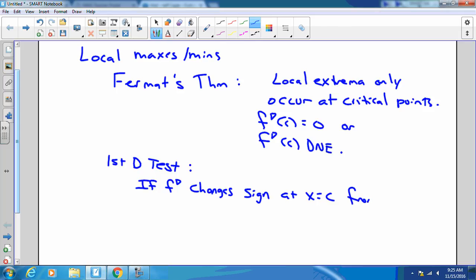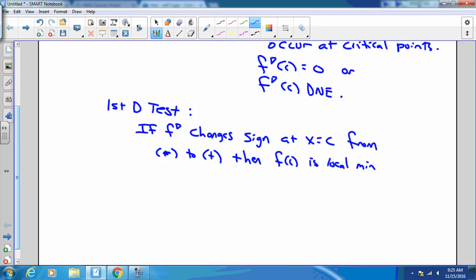And now what are our possible sign changes? Case 1 is from negative to positive. Then f of c is a local min. Good. And what are our other possibilities?